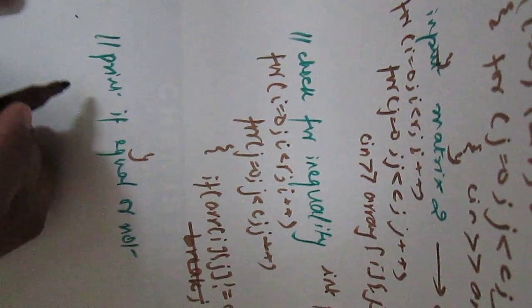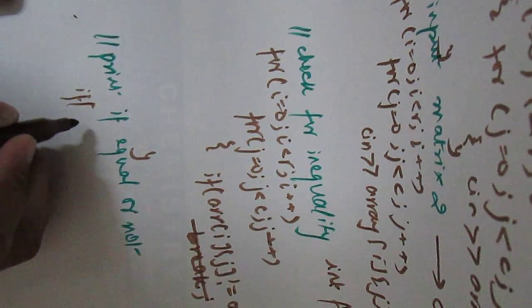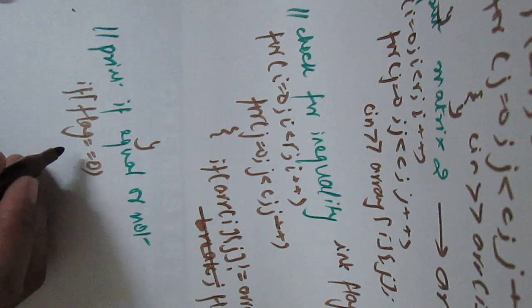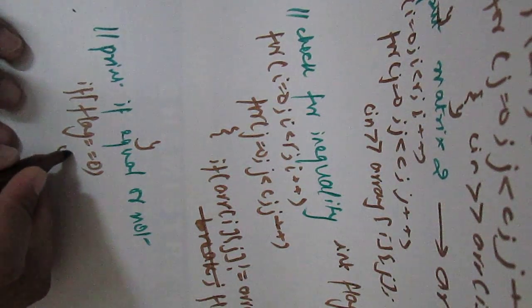So after exiting the loop, we'll check whether flag equals 0, then print equal, else print unequal.